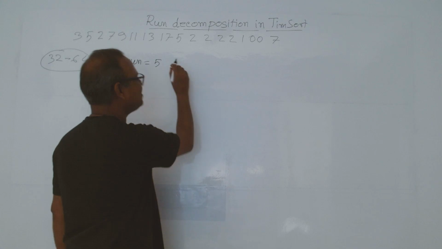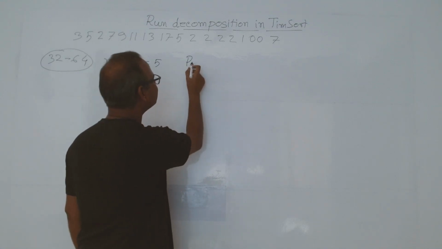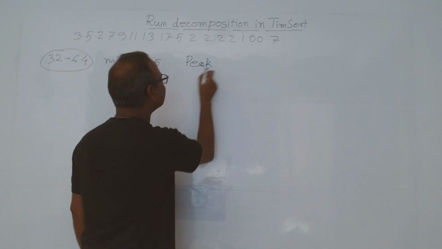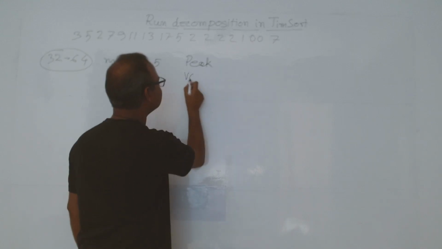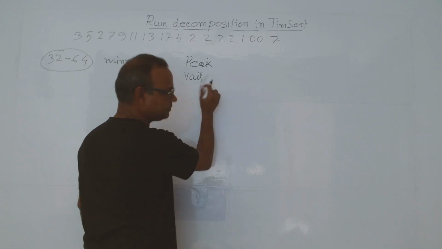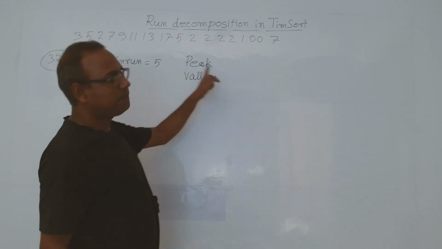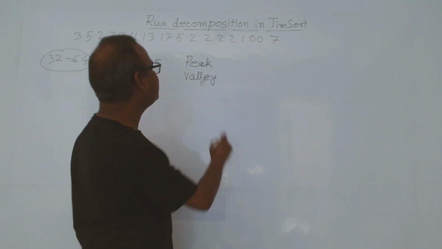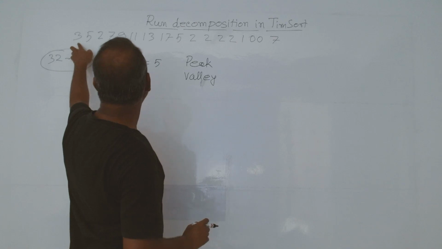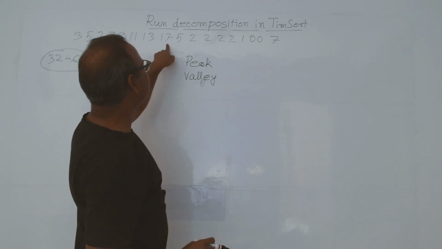Okay, so I am introducing two more concepts. One is peak, and the other is valley. Okay, peak and valley. So what is a peak? For example, 2, 3, 5, 2, 7, 9, 11, 13, 17, 5.